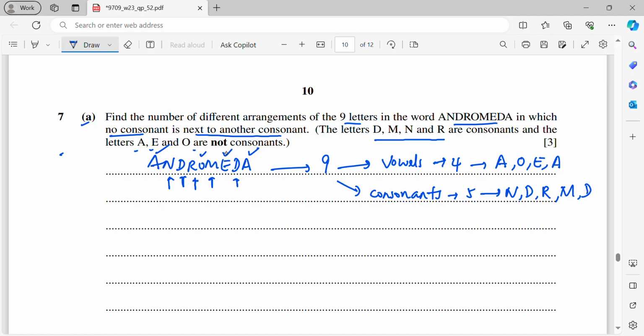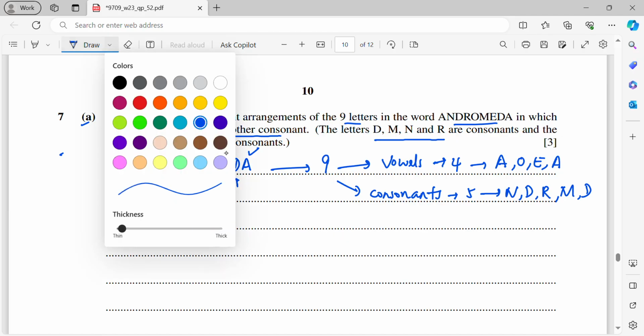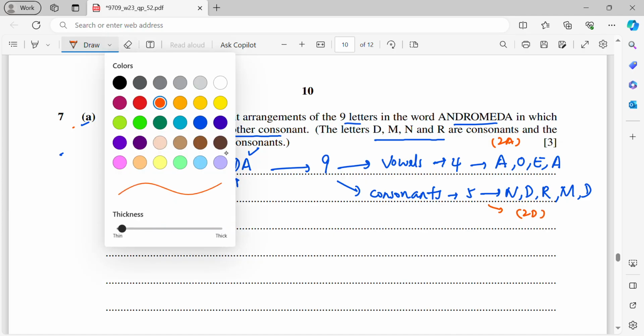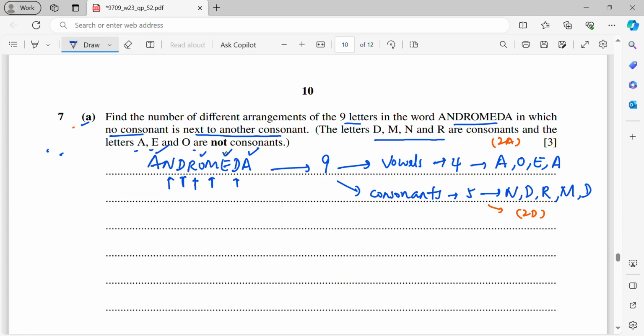Alright, so from here basically means that I will have 2 A's here, and then here I have 2 D's. Right, they're repeating. So which means now, you want to make sure that no consonant is next to another consonant. Means that I can just directly arrange the vowels first. So A, O, E, A.